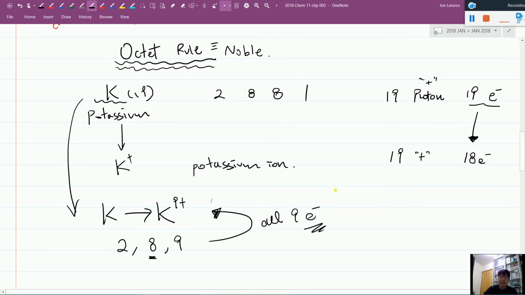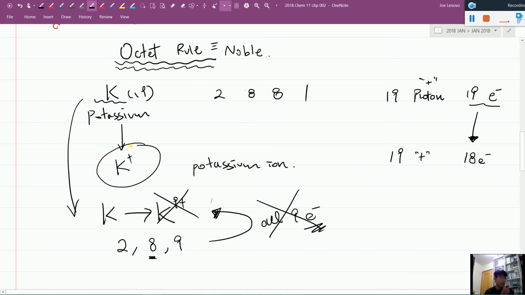Taking 1 electron away or taking 9 electrons away, taking 9 electrons away is way too difficult, so none of these would happen. And in reality, in all cases for the potassium ion, instead of K9 positive, we never see that. We only see K positive in the world.